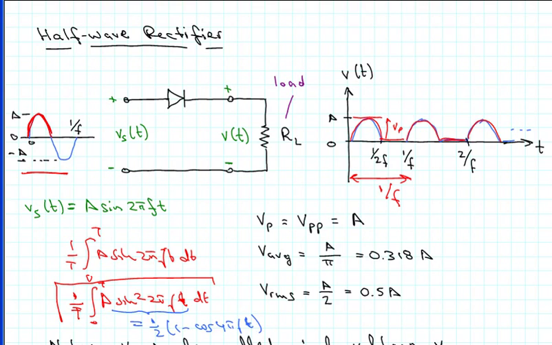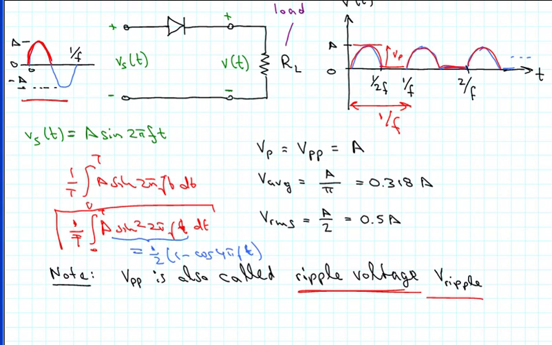It turns out that the integration over the cosine 4 pi ft gives 0, and we're just left with the 1/2 in here, and that's how we get an A over 2 for the RMS voltage, which is equal to 0.5 times A, where A is again the amplitude of the sinusoid.